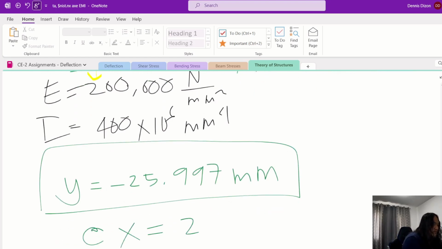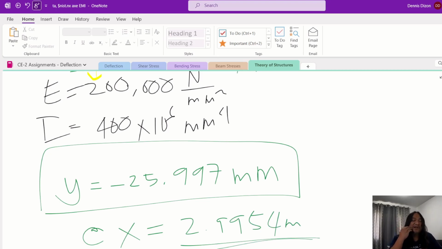So this is our deflection, and the distance is at x equal to 2.9954 meters from the free end. That is our solution using double integration. Since the question that was sent had no choices, we cannot compare this with the choices.